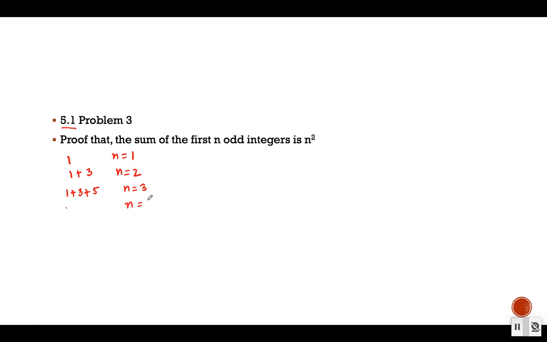And if n equals 4, the first 4 odd integers are 1 plus 3 plus 5 plus 7. Okay, so given the n value, what is the range of odd integers we are considering? What is the last integer value here?